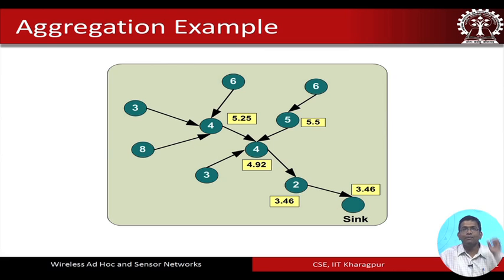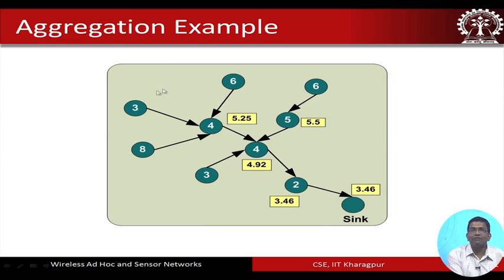Here is an example of data aggregation. Let us say that a particular node has neighbors with values 6, 3 and 8, and these IDs could be representing the actual data that is sensed, because these are numeric values.